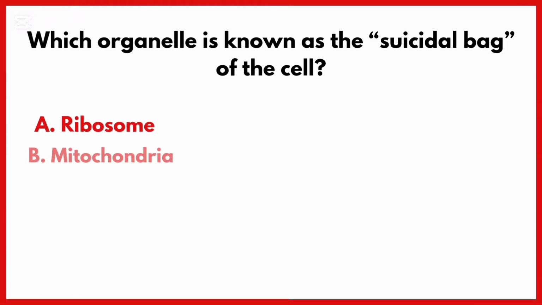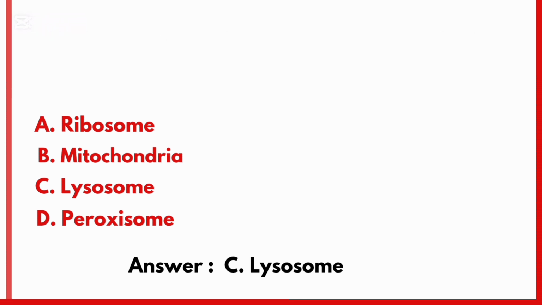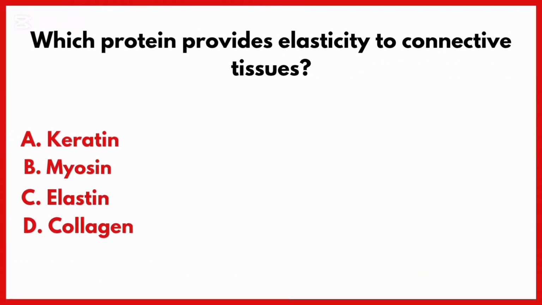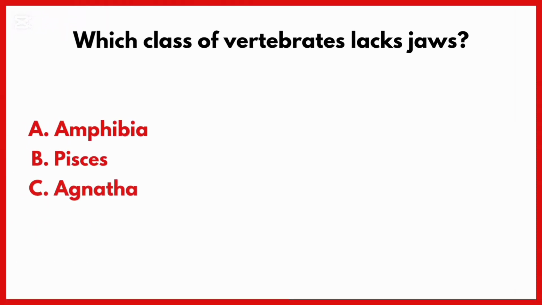Which organelle is known as the suicidal bag of the cell? Correct answer is option C. Lysosome is known as the suicidal bag of the cell. Which protein provides elasticity to connective tissue? Correct answer is option C, elastin. Which class of vertebrates lacks jaws?